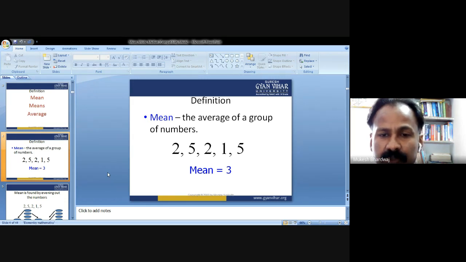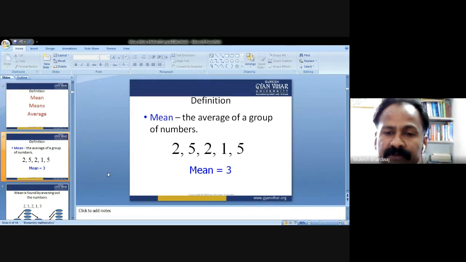Somewhere you have to slow down, somewhere you have to accelerate, somewhere you have to stop at the red light and all that. At that time your speed becomes 0, somewhere it becomes 80, somewhere 100, somewhere 40. So when you join all the speeds and divide by the total time, it is called average speed.